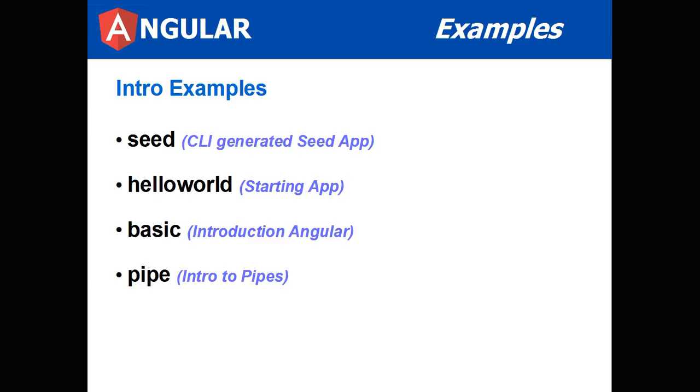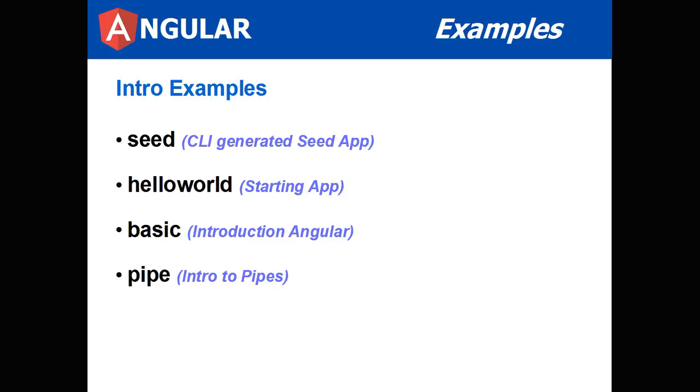So we're going to go through some examples, by way of introduction. One of them is a seed. Angular CLI automatically generates a seed application, and we'll go through that in detail. Then we'll look at a starting application, a hello world application, and start using some different features. And we'll look at a basic application which tries to use a lot of the coarse-grained features of Angular.